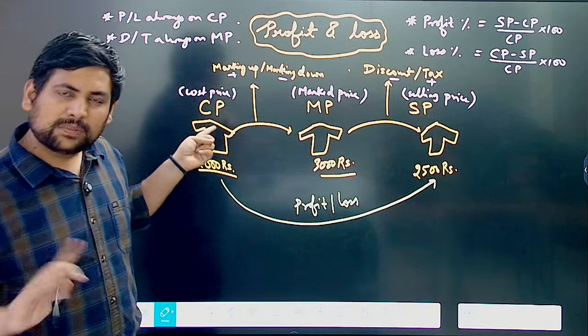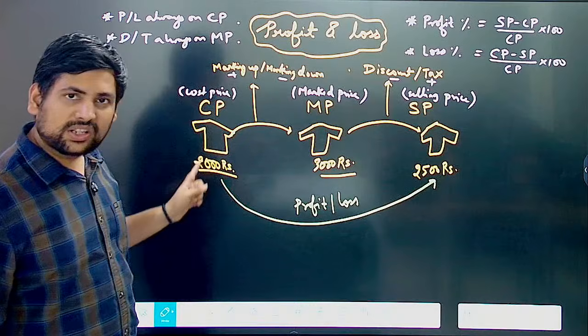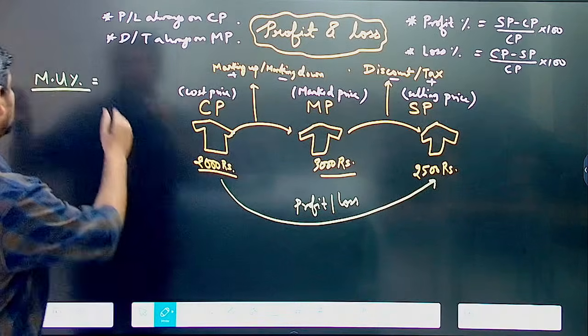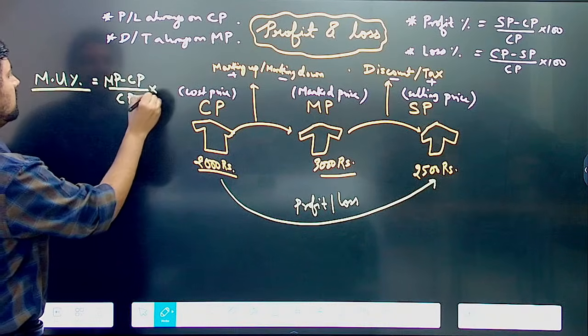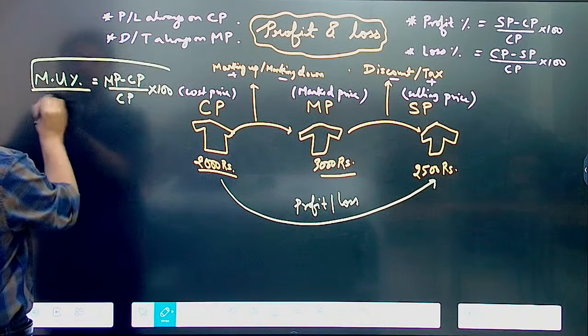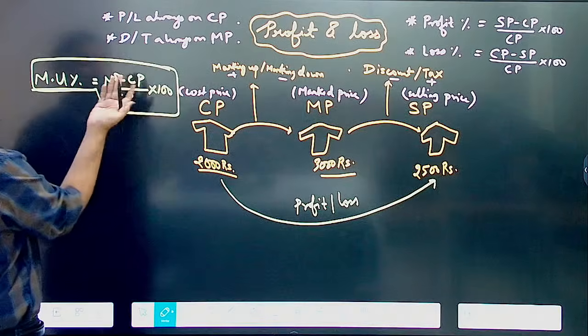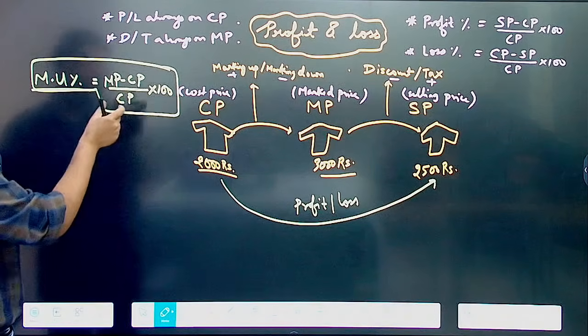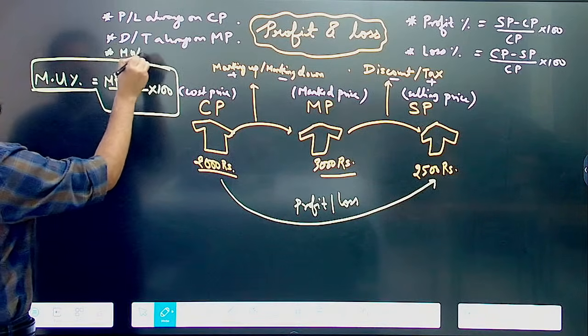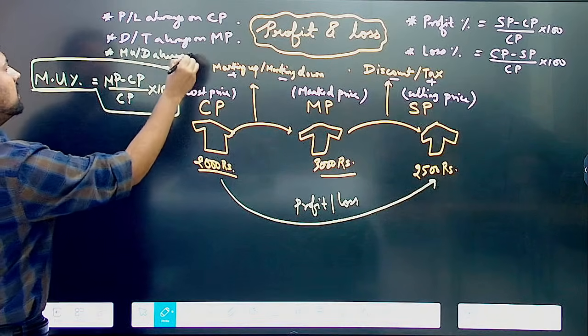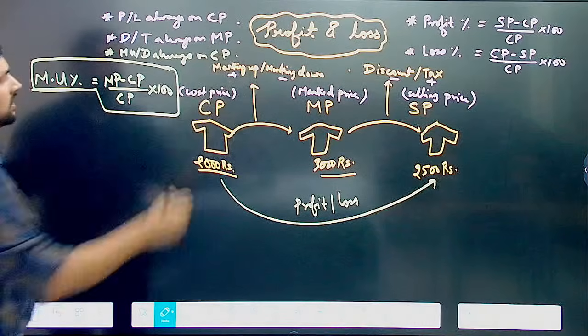Now on which price are you marking up? Whatever was the original cost price, on this only you are marking up. So this becomes marked price minus cost price upon cost price into 100. Similarly, for markdown, it will be just opposite, that is CP minus MP. But it will always be calculated on cost price. So here you can write down: markup or markdown is always on cost price.